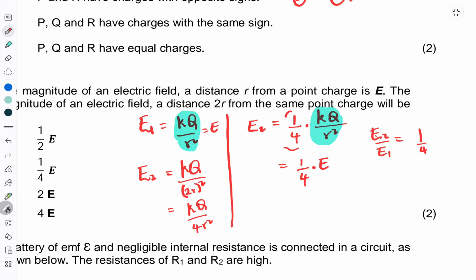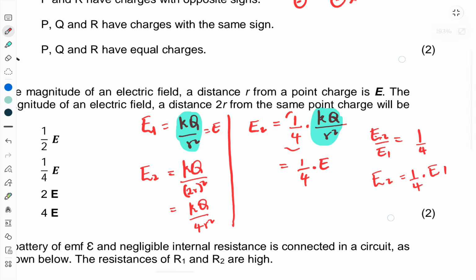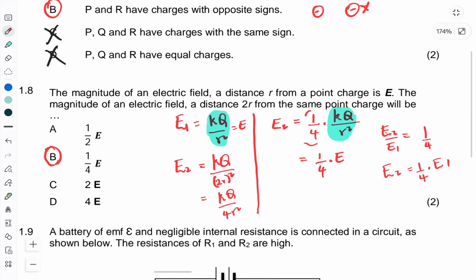This would be 1 over 4. Then you can say E2 is a quarter times E1, because you cross multiply, right? So you'd get the same thing. There are multiple ways of thinking about it. I'm just showing you another way, okay? So this is how you would do questions like these ones.